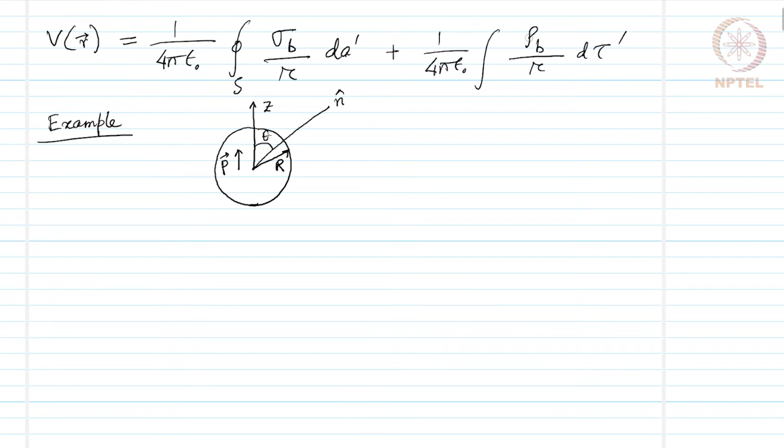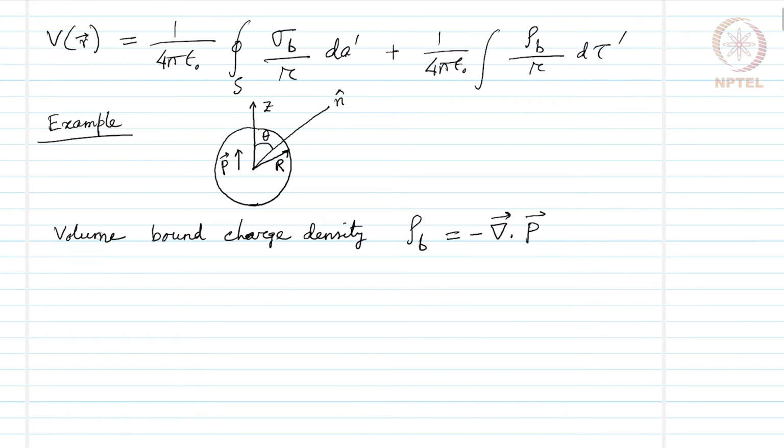So, what would be the volume bound charge density? That is given by rho b equals the negative divergence of the polarization, but our polarization is uniform, that means it is constant and its divergence is going to be 0. Therefore, there is no bound volume charge density.